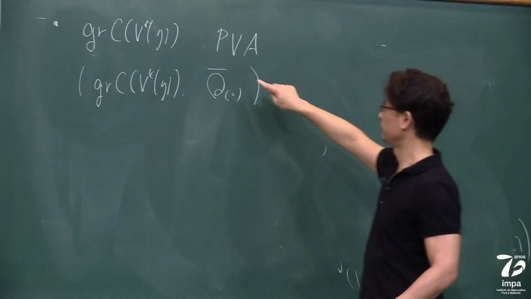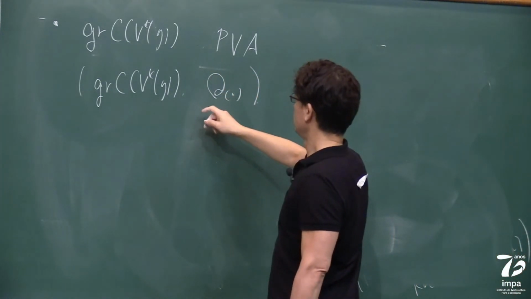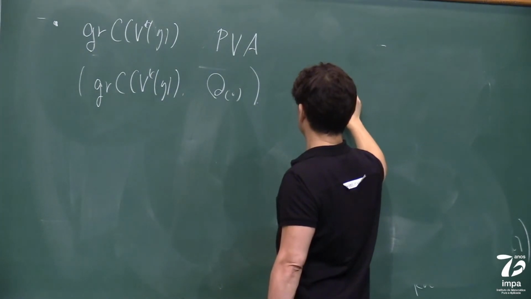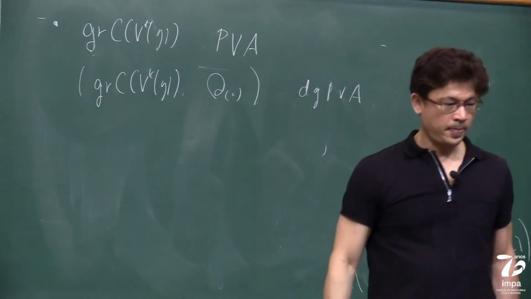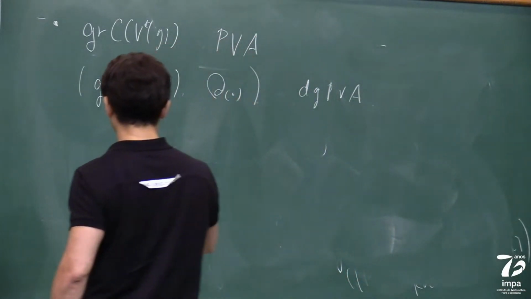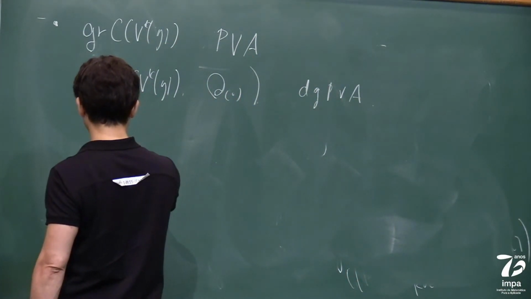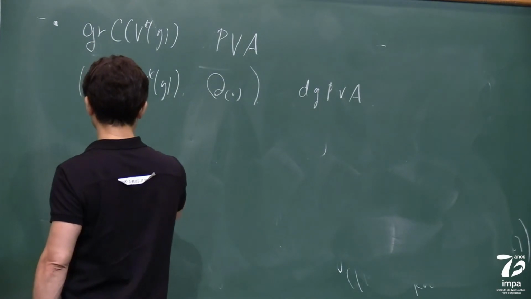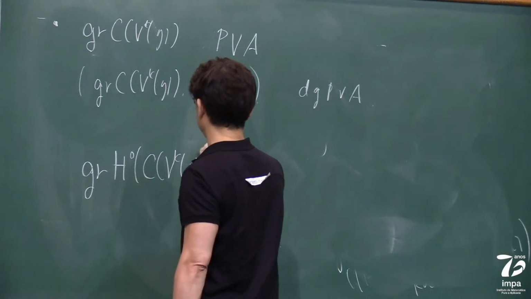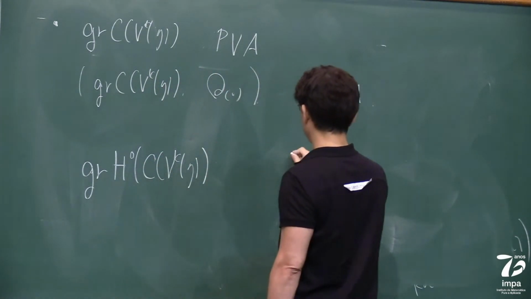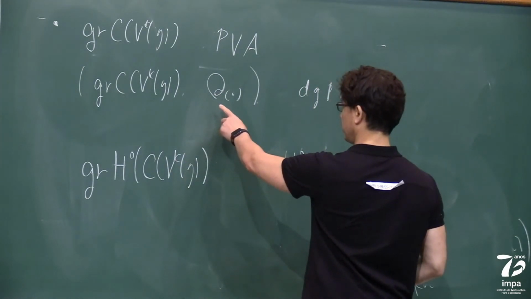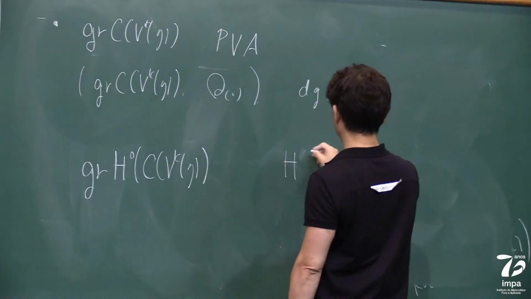So this is a differential graded Poisson vertex algebra. This is exactly the same. And then you can ask whether the associated graded of H^0 of C(V^k(g)) is the same as H^0 of this differential graded Poisson vertex algebra.